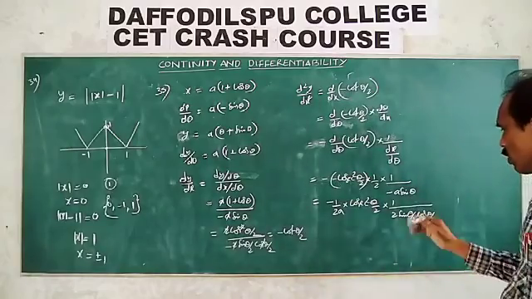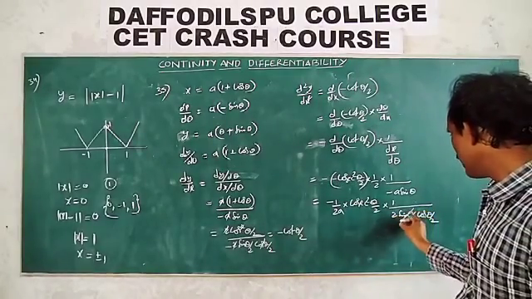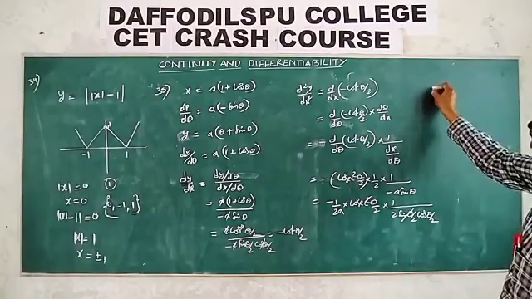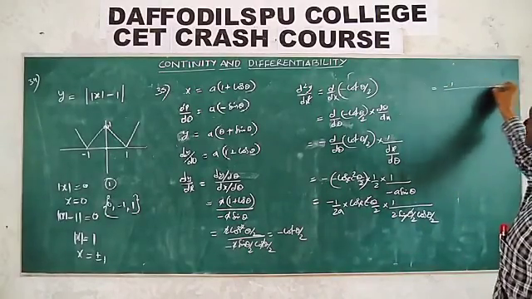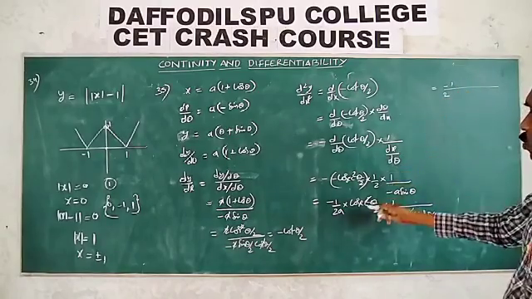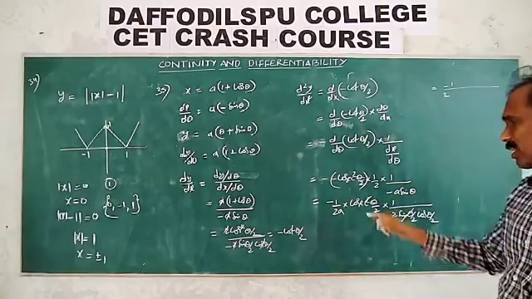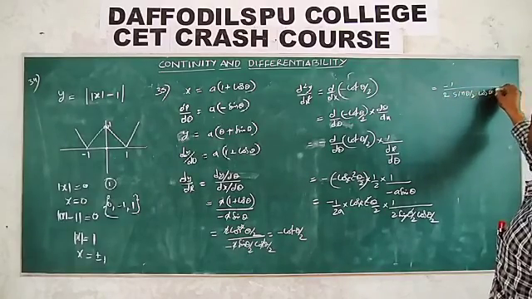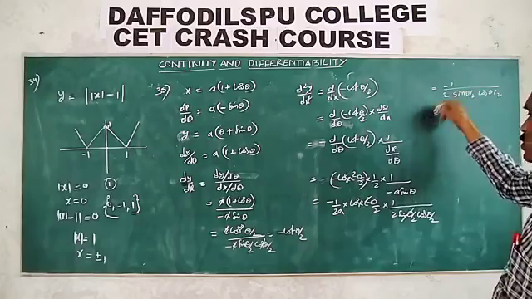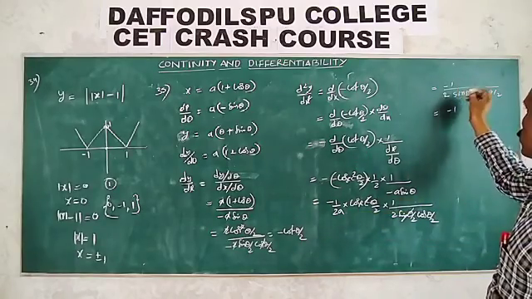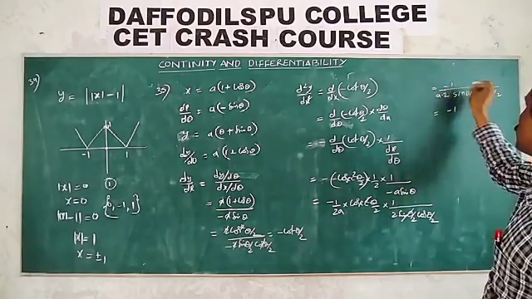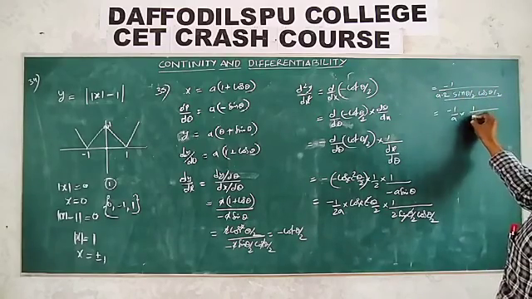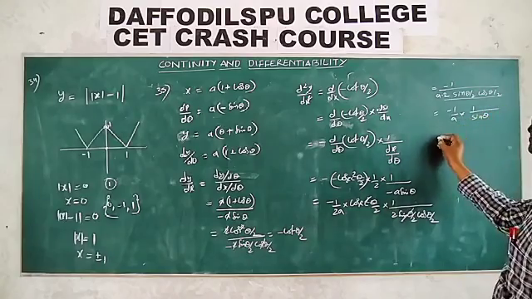Sin theta by 2 with cosecant square, one cancels. Clear? Finally this is equal to minus 1 by 2 of cosecant theta by 2, sent to the denominator as sin theta by 2. So a into minus 1 by a into 1 by 2 sin theta by 2 cos theta by 2, that implies sin theta.